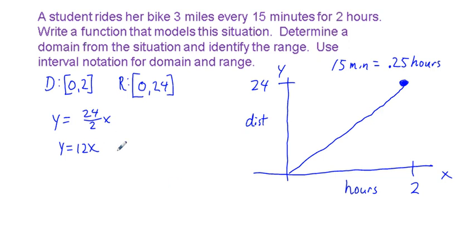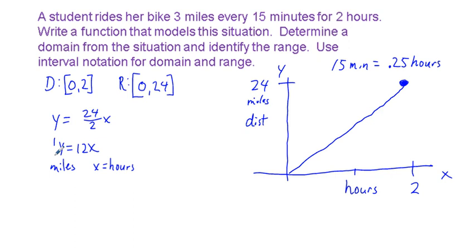Well, our units for this are going to be miles. y is miles. x equals hours. Okay, well, we've already identified that with the graph. So this is miles, hours. Yeah, that'll be fine. So that should be enough.